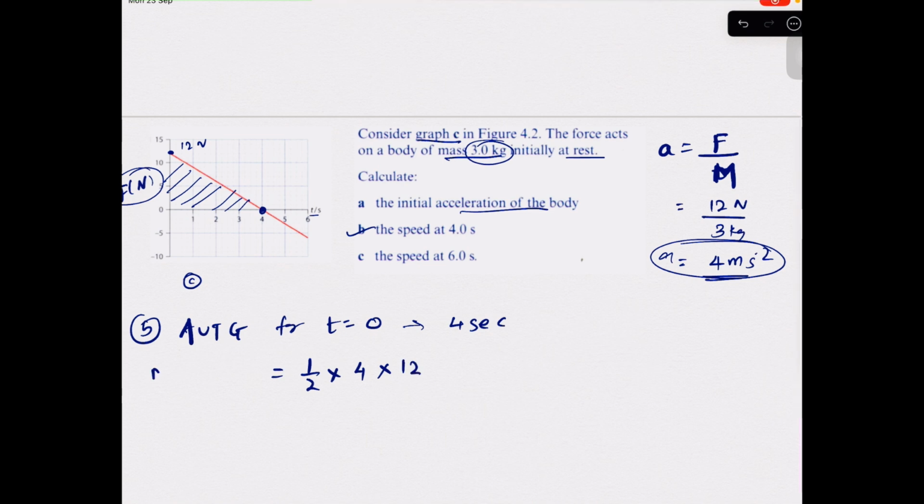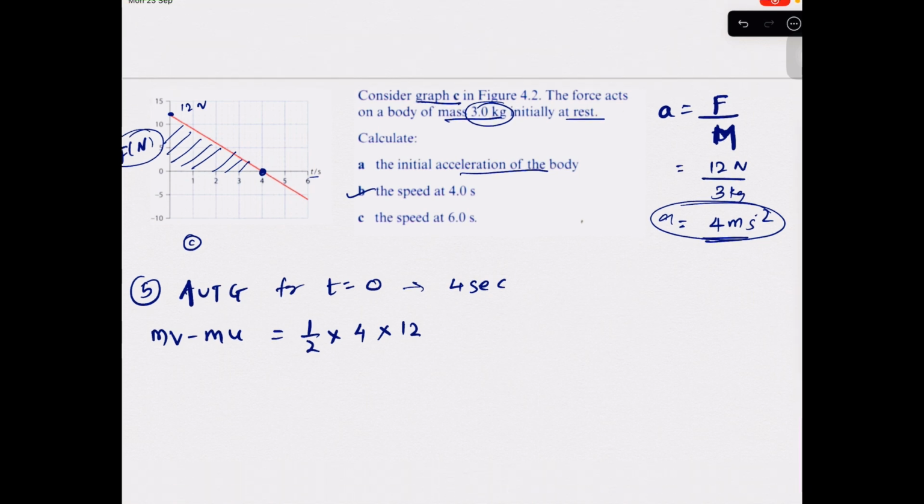This will be equal to mv minus mu, the change in momentum. I know from the question that the initial velocity is 0, so that product is 0. The mass is 3 kg, so 3 into the unknown velocity v. This gets 24, so v will be 24 over 3, which is 8 meters per second.